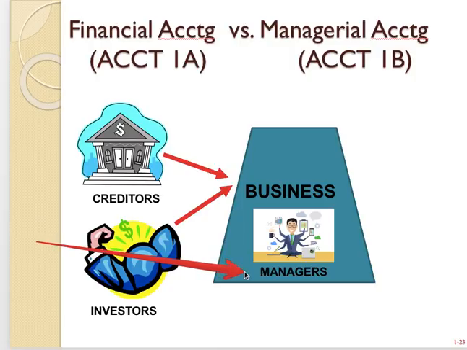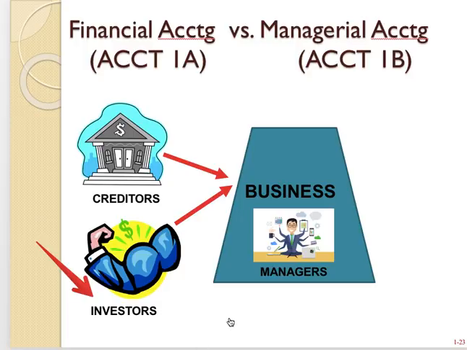They wouldn't decide what products to make. Those are all the decisions of managers. Okay? So investors and creditors need different information than a manager does because they're not actually making decisions of the business. More, they want to know, is this a healthy business? If you're a creditor, you want to know, am I going to get paid back? If you're an investor, you are asking, is this a good place for my money to be?